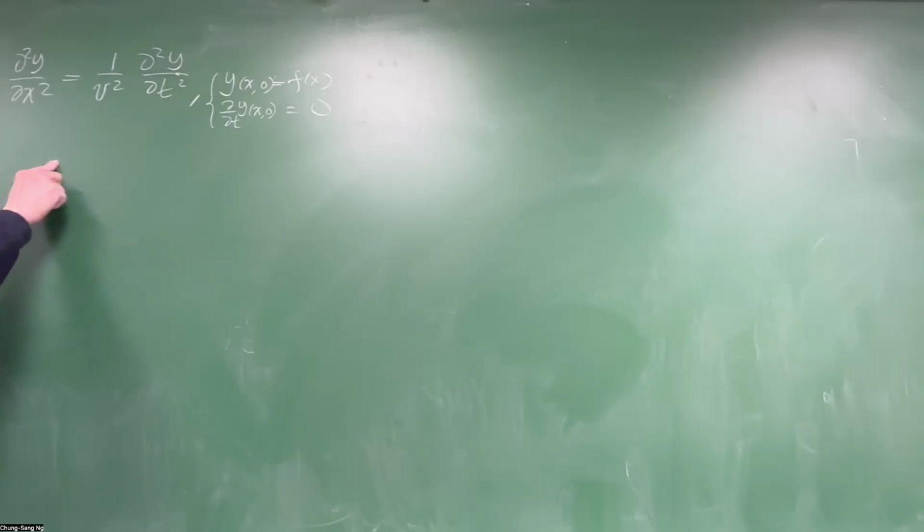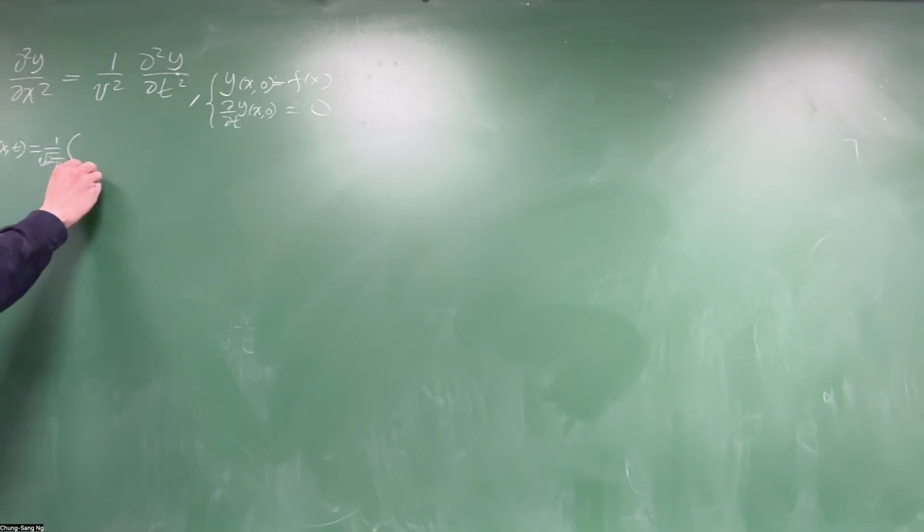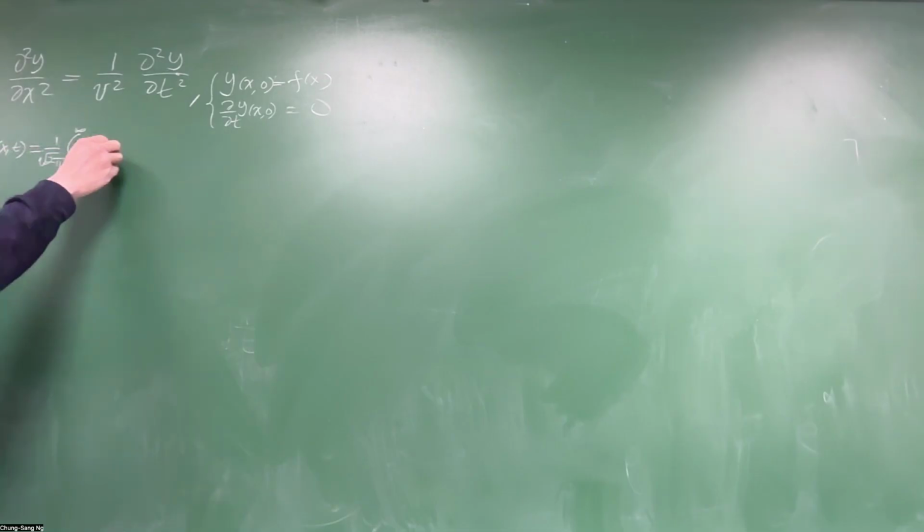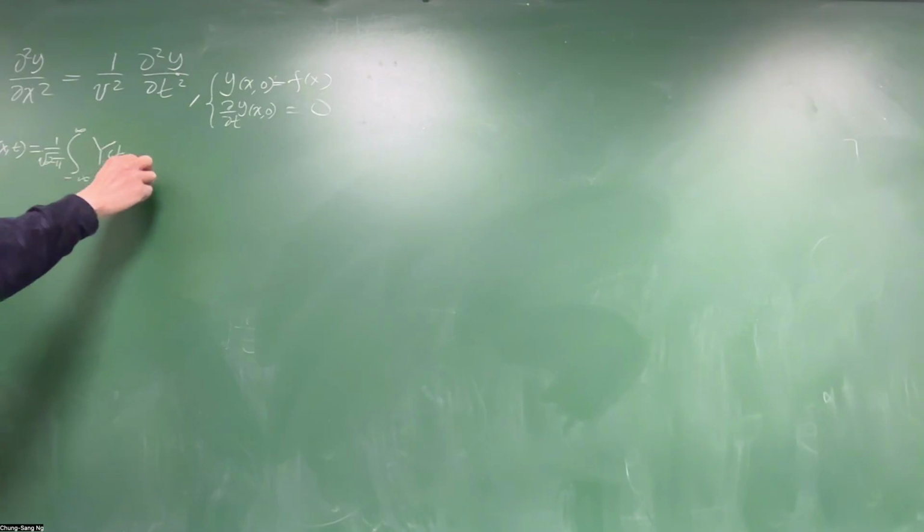You can write down the Fourier transform and inverse transform pair. So you write y(x, t) as an inverse transform using the symmetric convention. It will be integrating the Fourier transform, which is defined as this. Let's use k instead of the textbook's alpha.